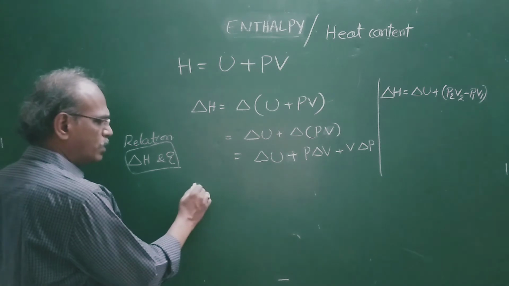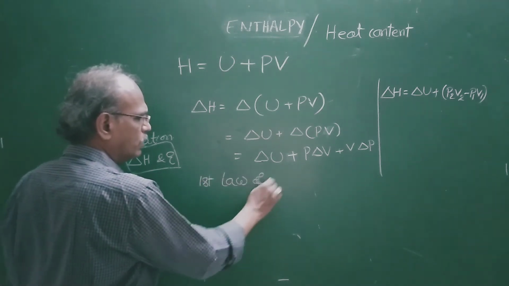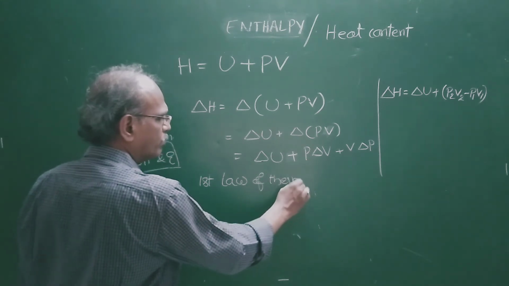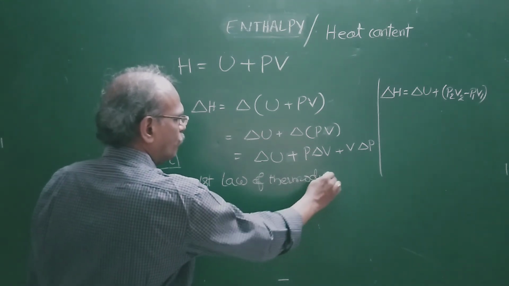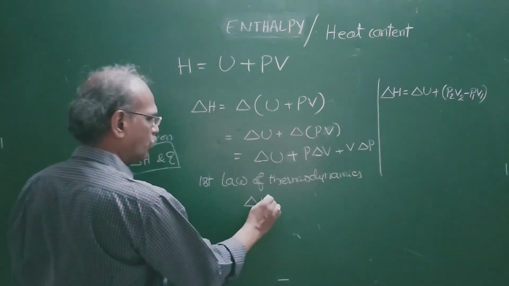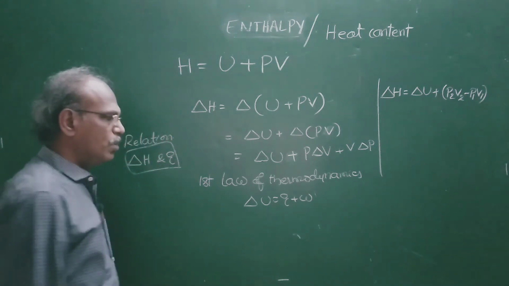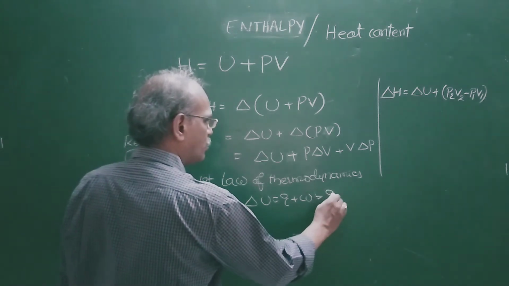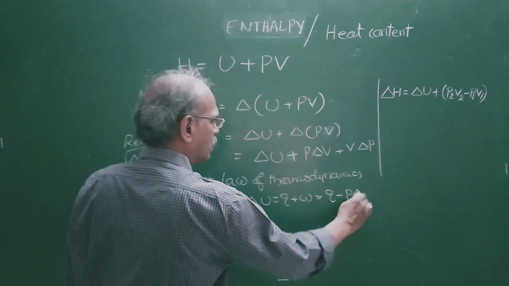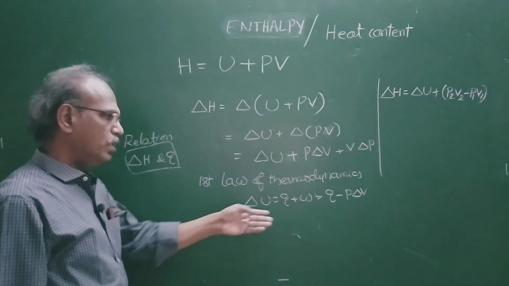We know that according to the first law of thermodynamics, delta U is equal to Q plus W, or this can be written as Q minus P delta V, the work done due to volume expansion.